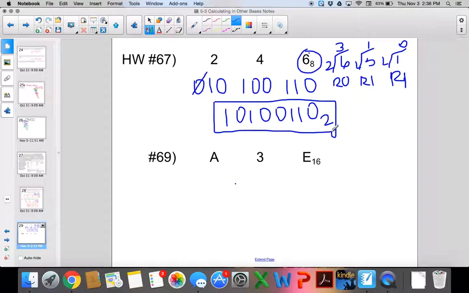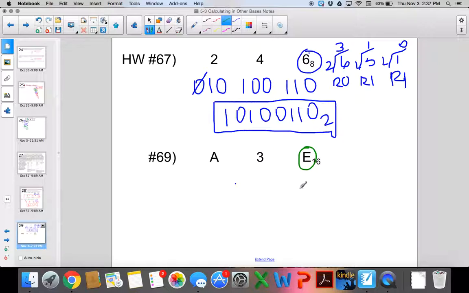The same thing is true with the hexadecimal system, except you're still dividing by 2, but the numbers are just going to be a little bit larger. So I will do the first one, especially since the first one is not a number you're used to.